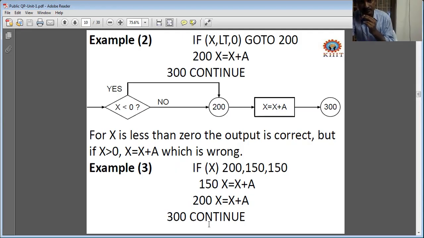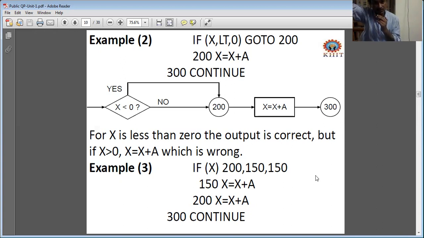Then next one, false condition. If we go to 200, false condition goes to 300. No case it goes to no case.